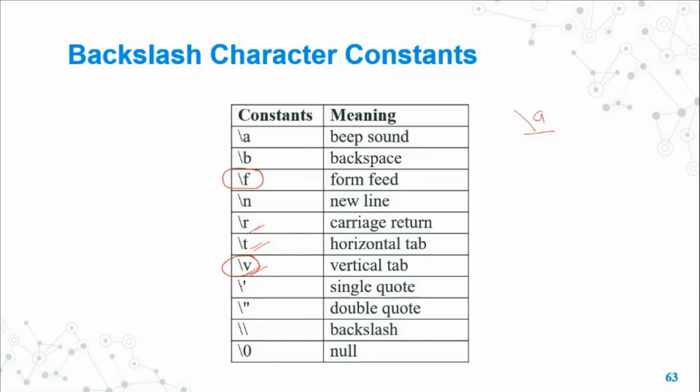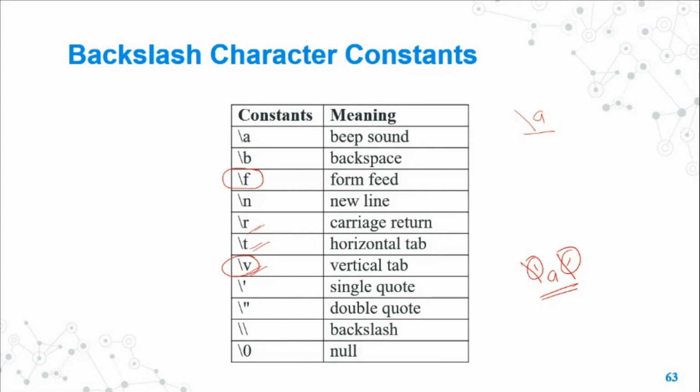Then in order to display a single quote within an output string, you have to use a backslash and a single quote. Otherwise, if you just put a single quote inside a printf statement, it won't print. So in order to print the single quote characters, you have to use a slash, then the single quote, then the character that is to be printed, then again a slash and the single quote.